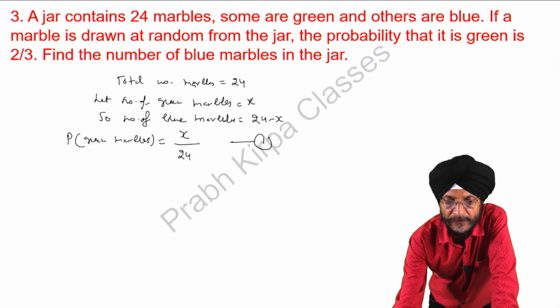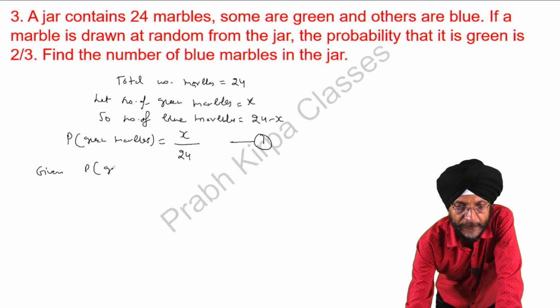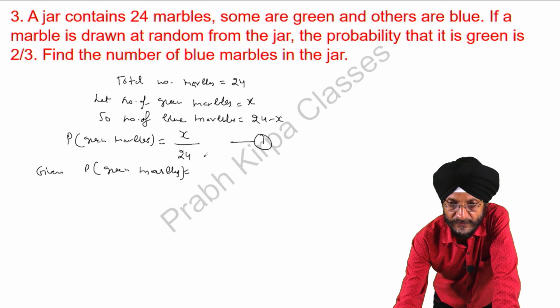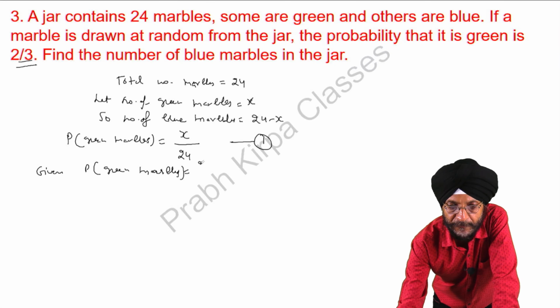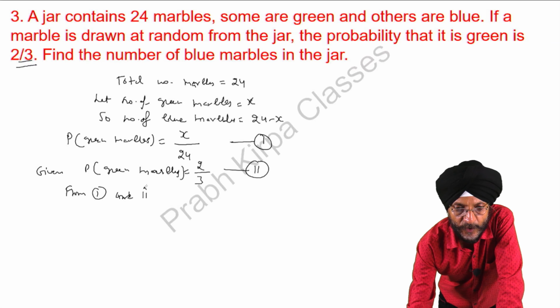This is the first part. Now what is given? Given the probability of green marbles is equal to 2/3, the probability which has been given here in the question. From 1 and 2.